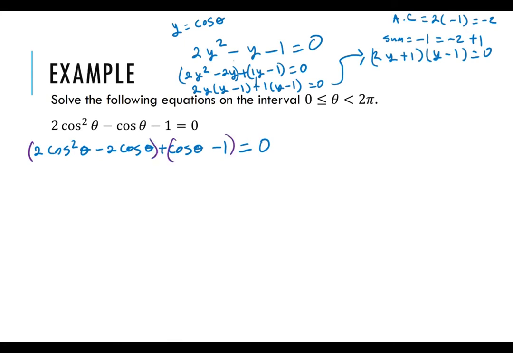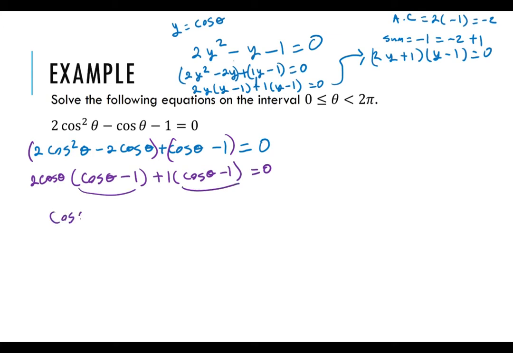I recognize that the GCF on the left is 2 cosine theta times cosine theta minus 1 plus, well, the factoring here, we can only factor out a 1 times cosine theta minus 1. Then factor out this binomial, cosine of theta minus 1. That's then going to give me cosine of theta minus 1 times 2 cosine of theta plus 1 is equal to 0.